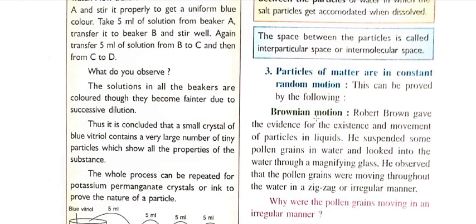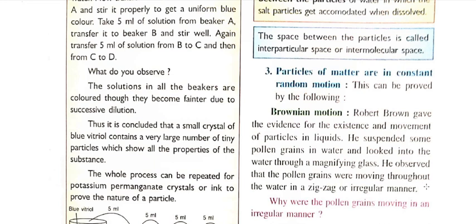Robert Brown gave evidence for the existence and movement of particles in liquid. He suspended some pollen grains obtained from a flower in water and looked into the water through a magnifying glass. He observed that pollen grains were moving throughout the water in a zigzag or irregular manner.